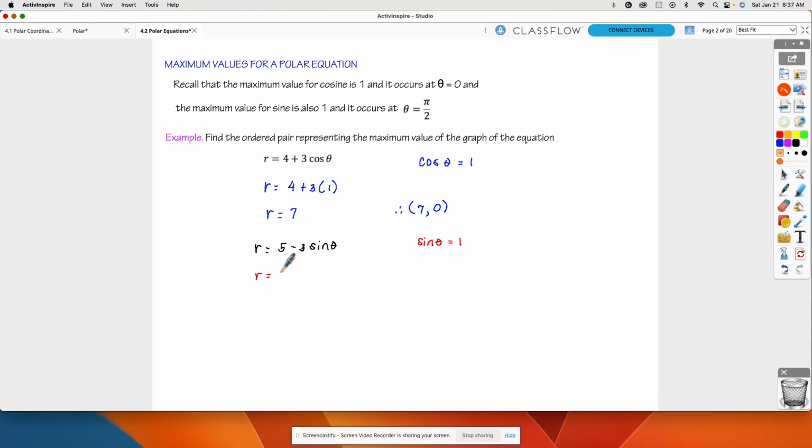So we get r is equal to 5 minus 3 times 1, which gives us the value of 2. So for this function, the ordered pair representing the maximum value would be r equals 2 and theta is equal to pi over 2.